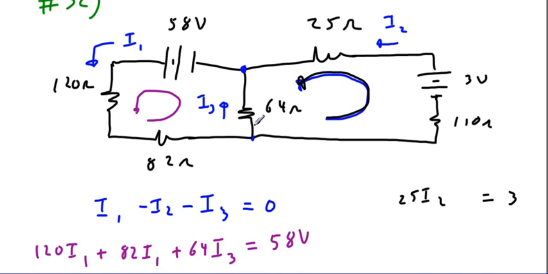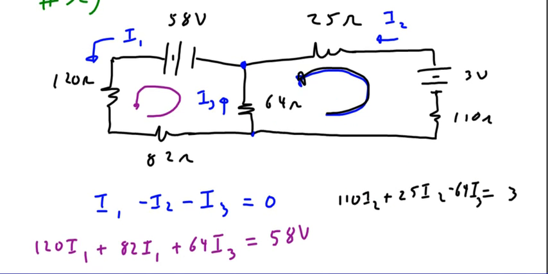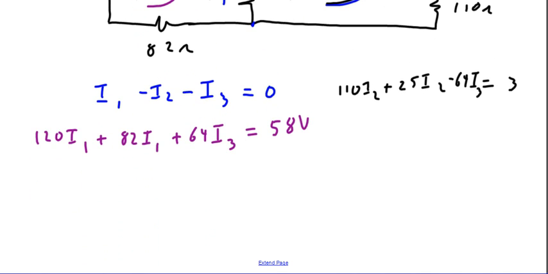We're going a different direction than the current, minus 64I3, and then plus 110I2. Okay, so there's our 3 equations and our 3 unknowns.